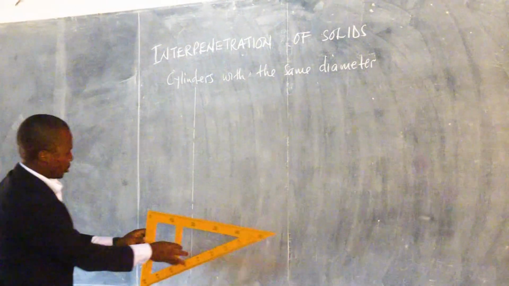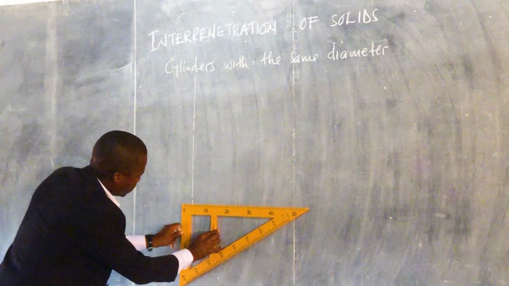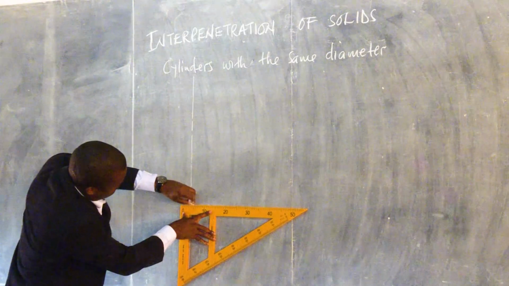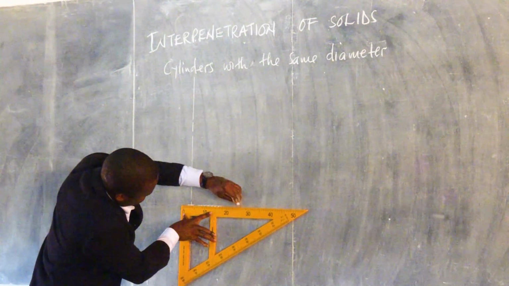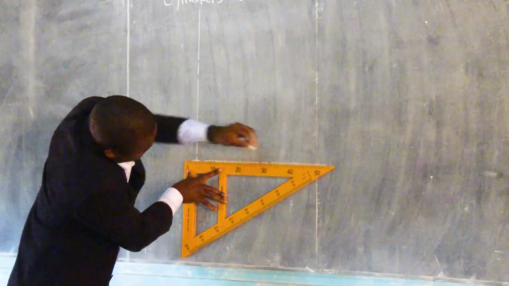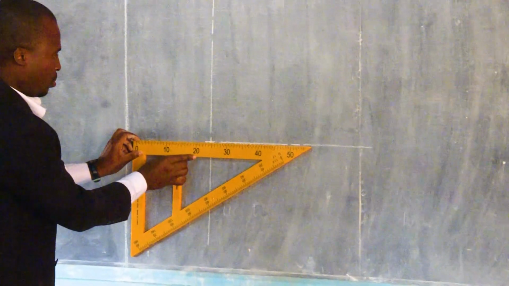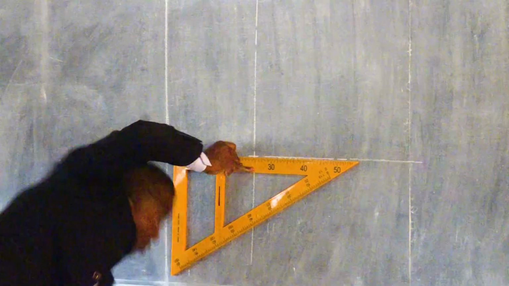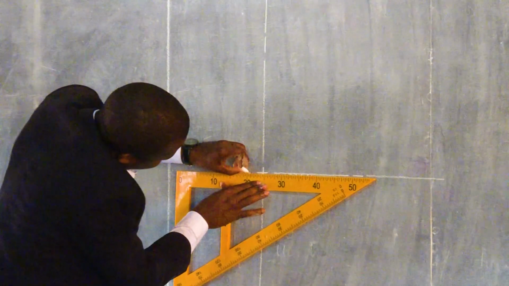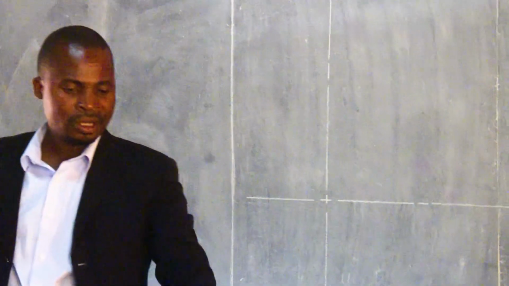Then from there, you are going to construct this other center line. And then, after you have constructed that center line, you are going to draw your circle.